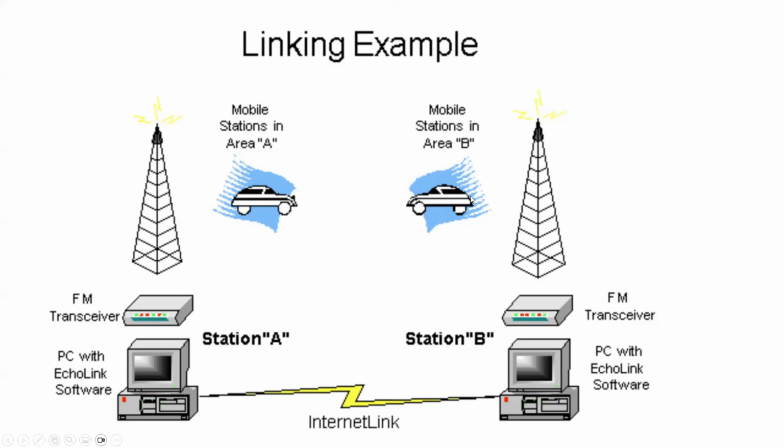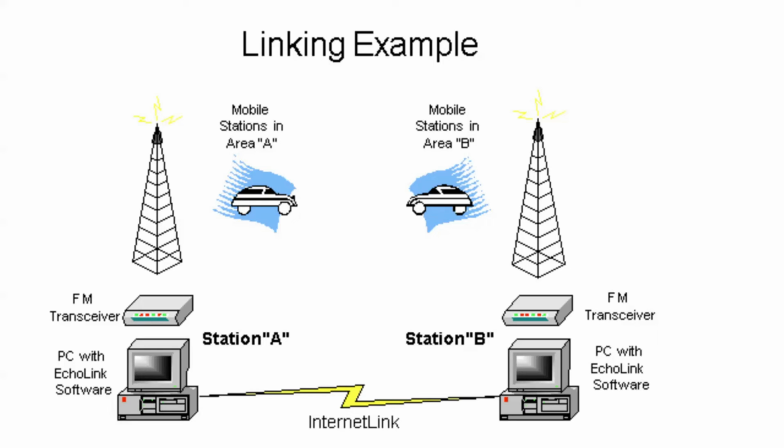And on one side, they could be on a repeater or a simplex link, and same thing on the other. But this magic happens because they're bridges from the area to the Echolink internet link, as it's labeled on this diagram.